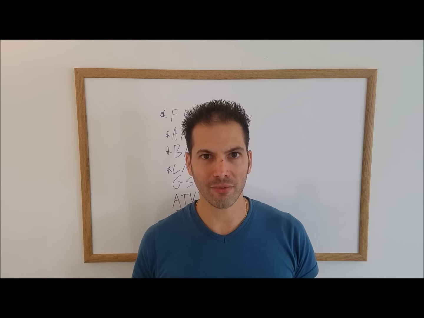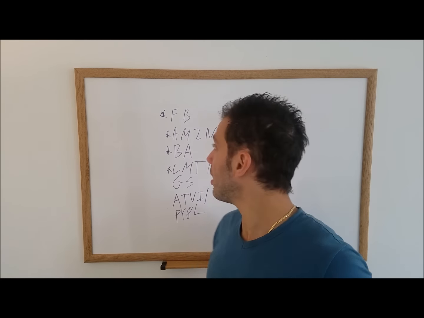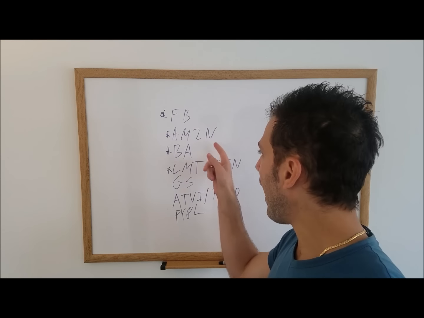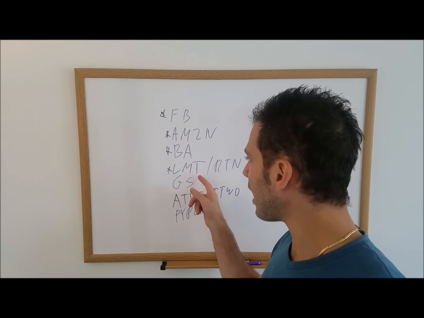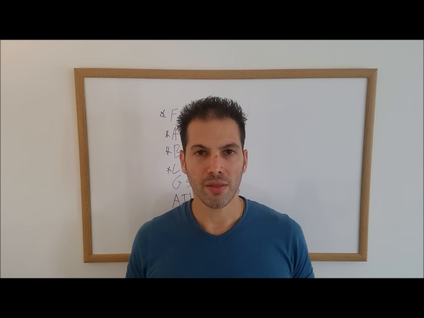I generally have trades on in 5 securities at a time: Facebook, Amazon, Boeing, Lockheed Martin, and sometimes Goldman, a gaming stock like ATVI or TTWO, and sometimes PayPal. But the only ones I always have positions on are Facebook, Amazon, Boeing, and Lockheed Martin. That's 4 securities, it's not even 5. So if you have an account below $15,000, there's no need for you to have more than 2 securities.